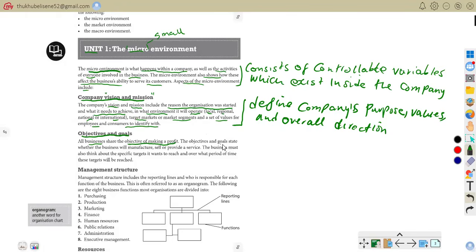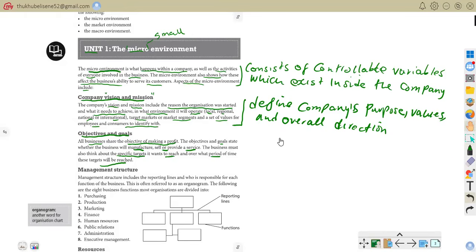The objectives and goals state whether the business will manufacture or sell or provide a service. The business must also think about the specific targets it wants to reach, over what period of time. So, like I've said, there should be measurable targets that the company aims to achieve. That should be the goal, derived from the mission and vision statements that we have just talked about.